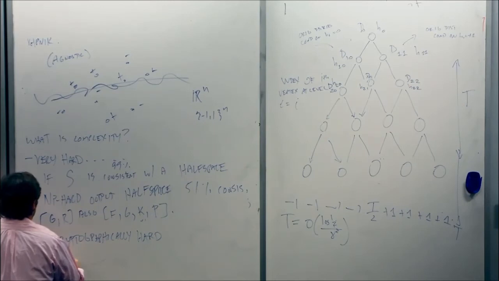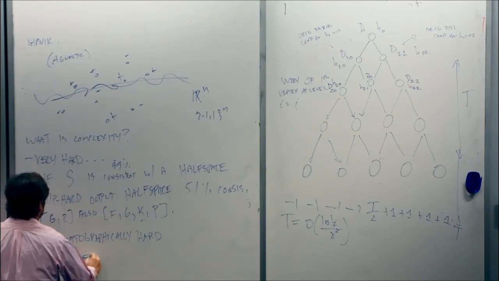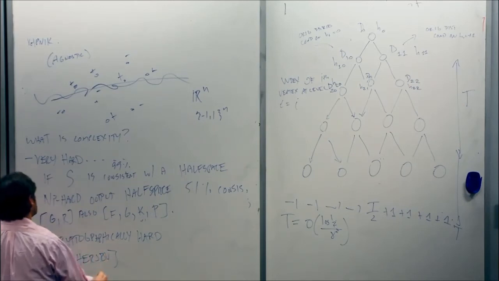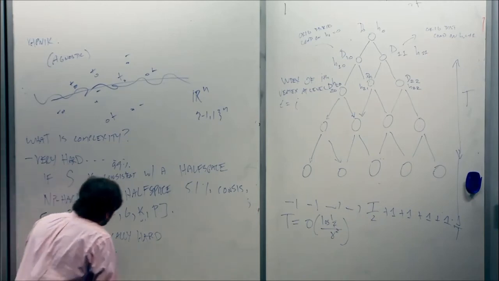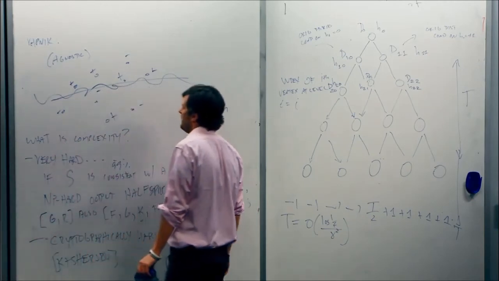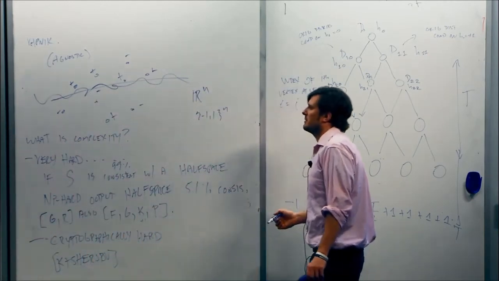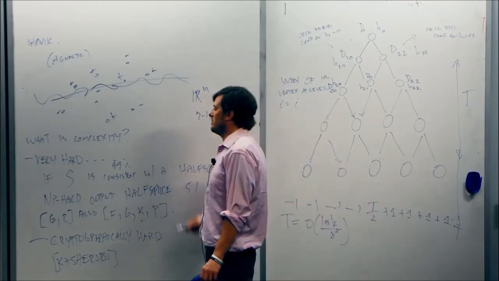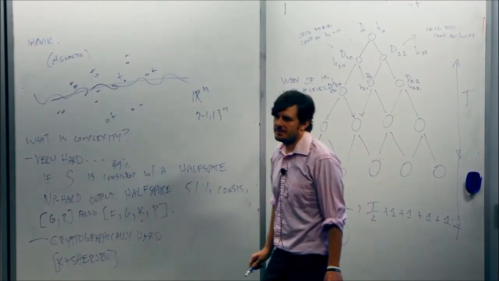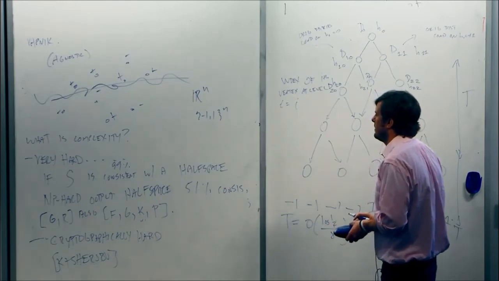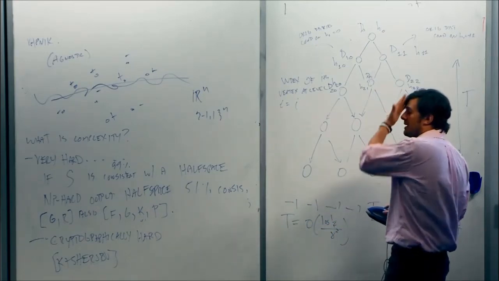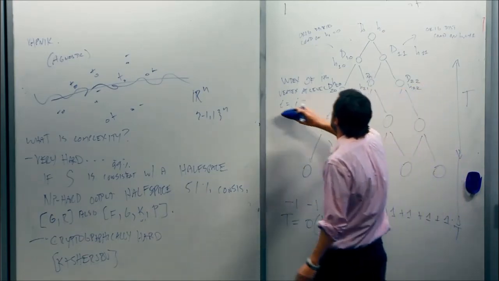This is work with Sasha Sherstov. You could break lattice-based cryptosystems if you were able to solve this particular problem. So it's sort of surprisingly hard. It's sort of bad news.